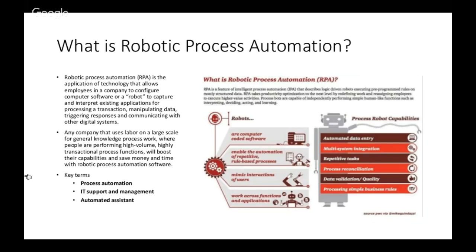The key terms that you would come across whenever you are talking about RPA tools: one would be process automation. If you have a set of structured processes, you would be looking at automating those. Then you would come across business process automation, as well as robotic process automation. Then you have IT support and management.